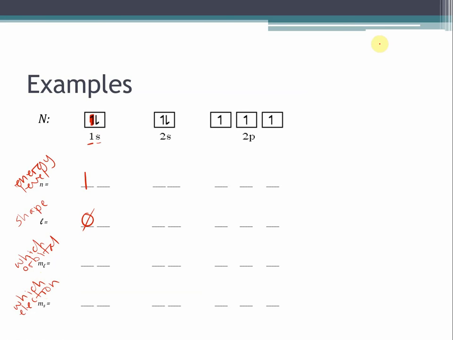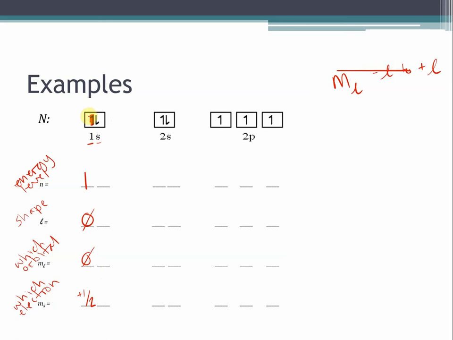And your M sub L values, recall, can have values from negative L to positive L. Well, our L value here is 0, so the only possible M sub L value is also 0. And then our M sub S value, because this electron is spinning up, is a positive 1/2.